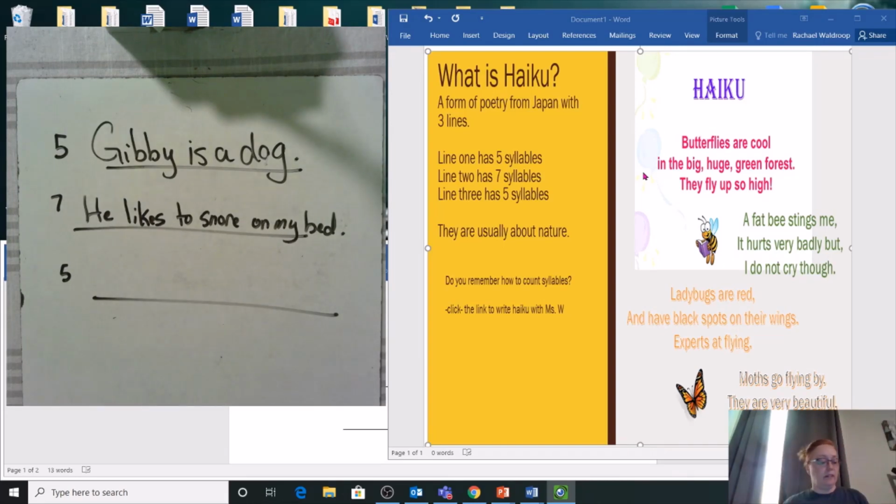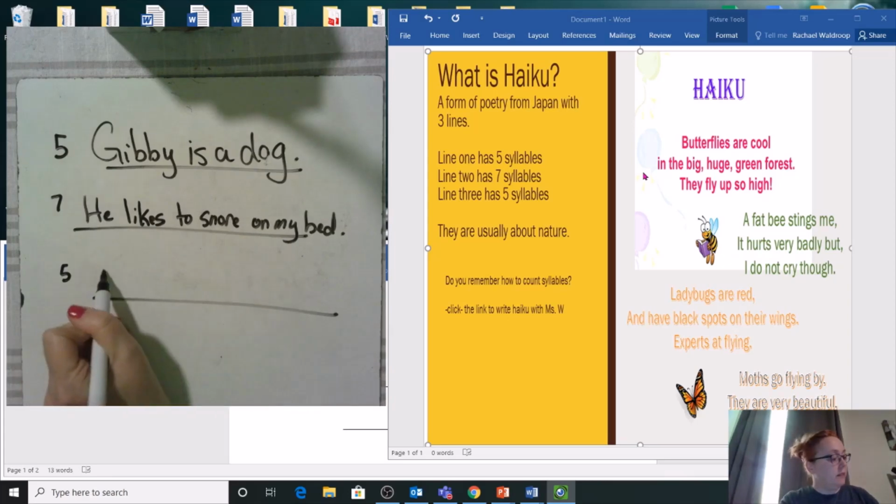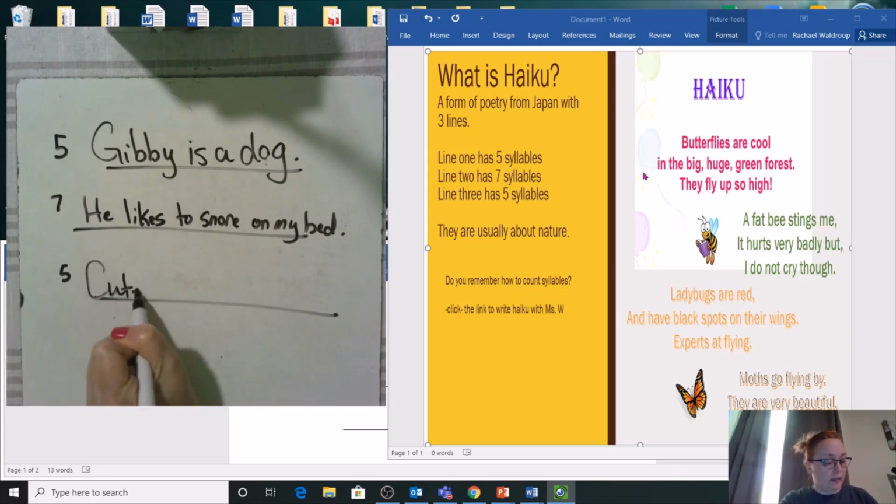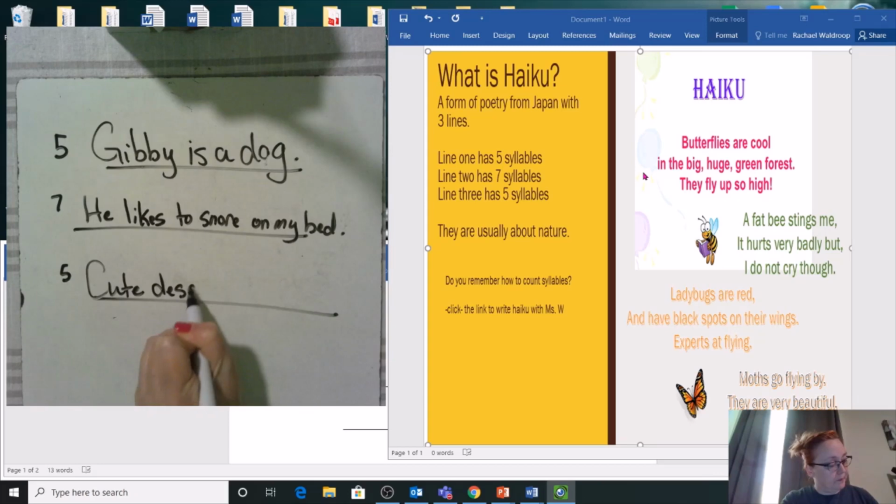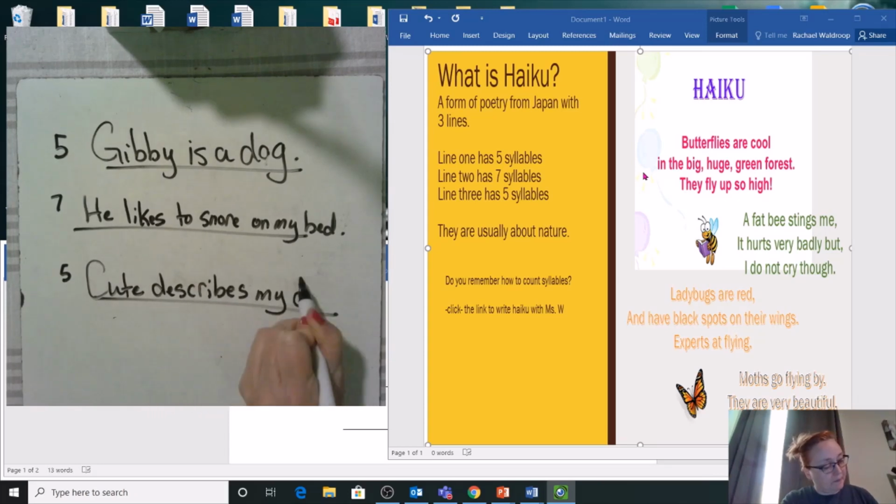That's 7. Last one. I've already got this one all set. The last line: Cute describes my dog. Let's count it out. Cute describes my dog. 5 syllables. That's my haiku about my dog Gibby.